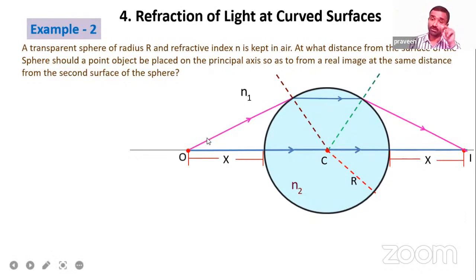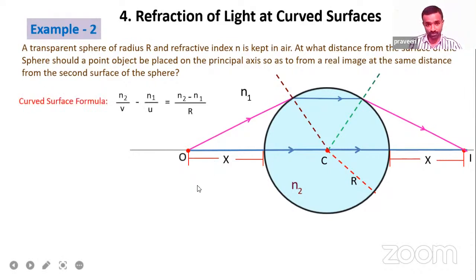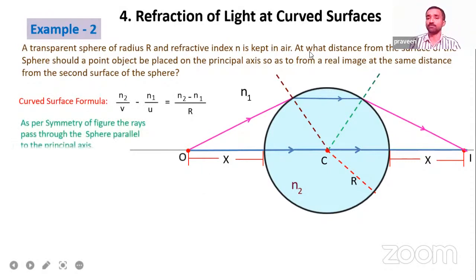Which formula can we consider? You are dealing with a curved surface, so you need the curved surface formula: n2 by v minus n1 by u equals n2 minus n1 by R. This is a symmetrical figure, because we are making it into two equal parts having the same parameters.